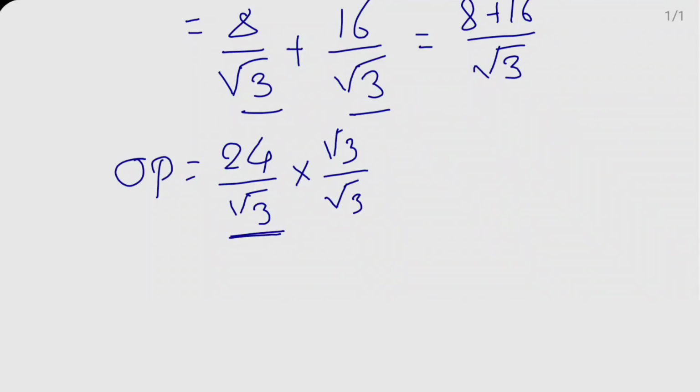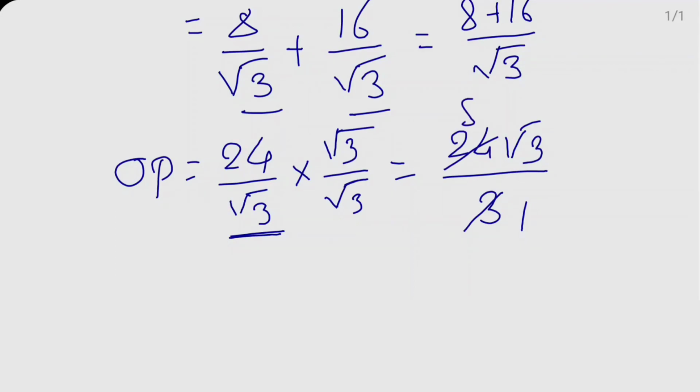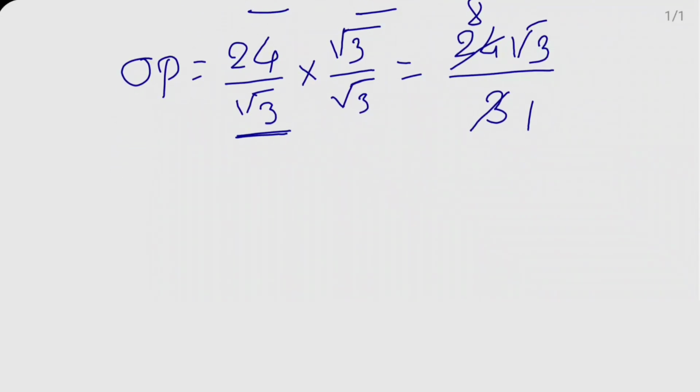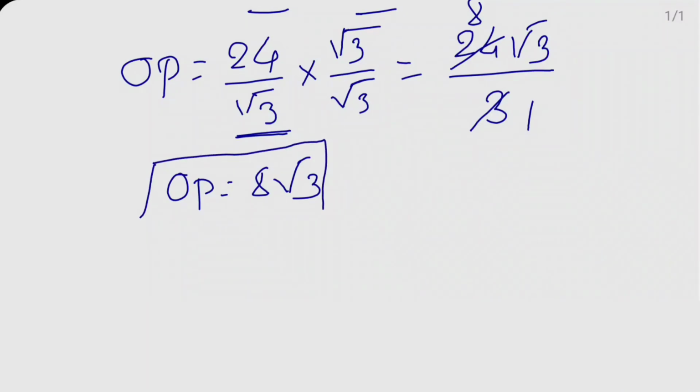To remove that root value, we multiply and divide by root 3. So we get 24 root 3 divided by root 3 into root 3, which is 3. 3 1s are 3, 3 8s are 24. So OP is equal to 8 root 3. So it is the height of the tree.